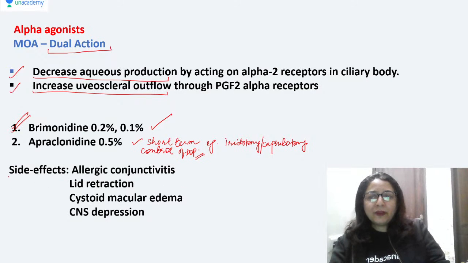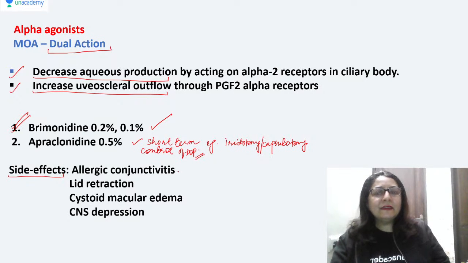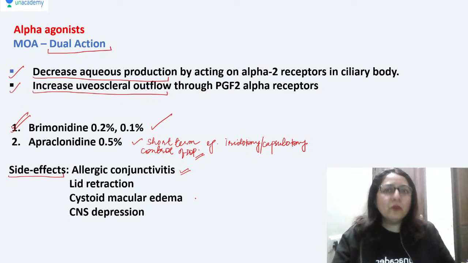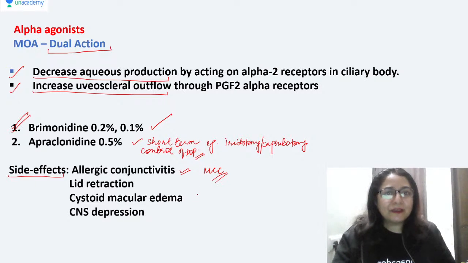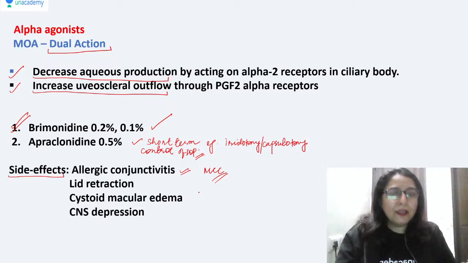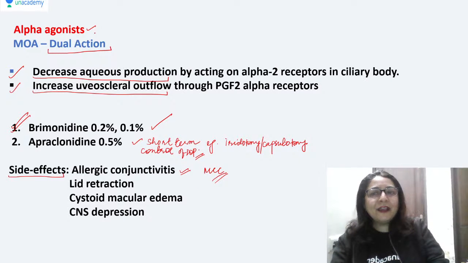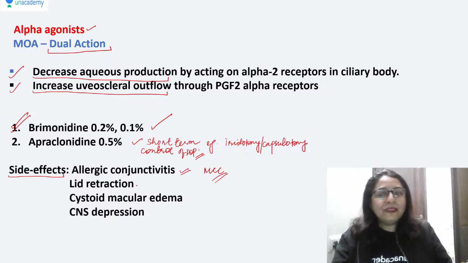Okay, so what are the side effects of alpha agonist? They are the ones which are most commonly responsible for causing allergic conjunctivitis or allergic blepharoconjunctivitis. Okay, so the most common cause of allergic blepharoconjunctivitis in the antiglaucoma group are your alpha agonist. Okay, then they can also cause lid retraction.